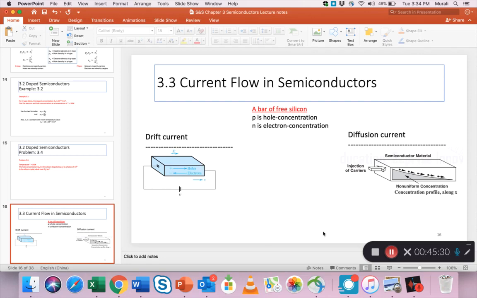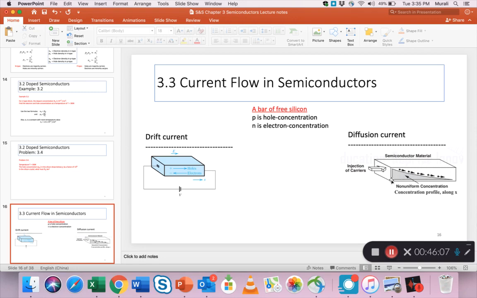Here's another graphic to talk about diffusion current. So there's no external voltage in diffusion, but let's say we were somehow able to keep adding a lot of carriers, meaning we were able to continuously add holes or electrons, kind of we are doping. How this happens, don't worry about it, but assuming we can, and that we are able to maintain this concentration, this profile, right? This is like a graph.